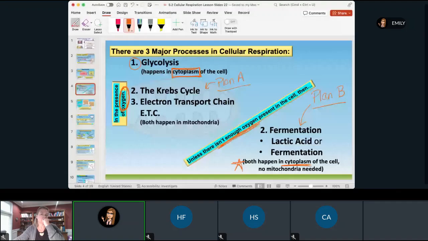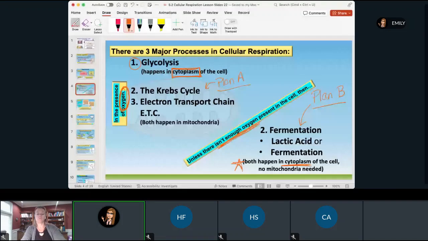Different times that we would go through fermentation are like if you're working out. So if you are running or lifting a lot of things, or let's say you're helping somebody move and you're going up and down stairs and all around, you ever heard of feel the burn? Have you ever felt the burn, either when you're working out or doing activities?